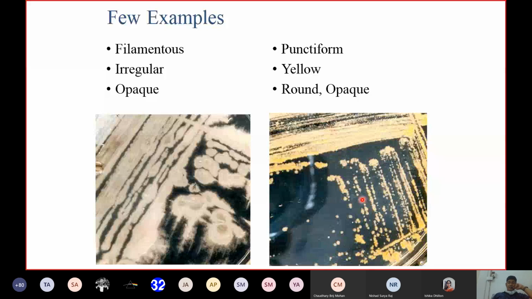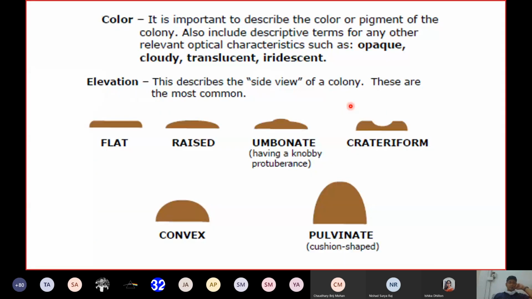They are yellow in pigment. They are round, again light is not passing, that's why they are opaque. The term punctiform is used for tiny colonies only, which are around 1 or less than 1 millimeter in diameter. This picture we have already seen: flat, raised, umbonate, and crateriform, which I told you are Dorfman-shaped colonies. We'll see the picture later.